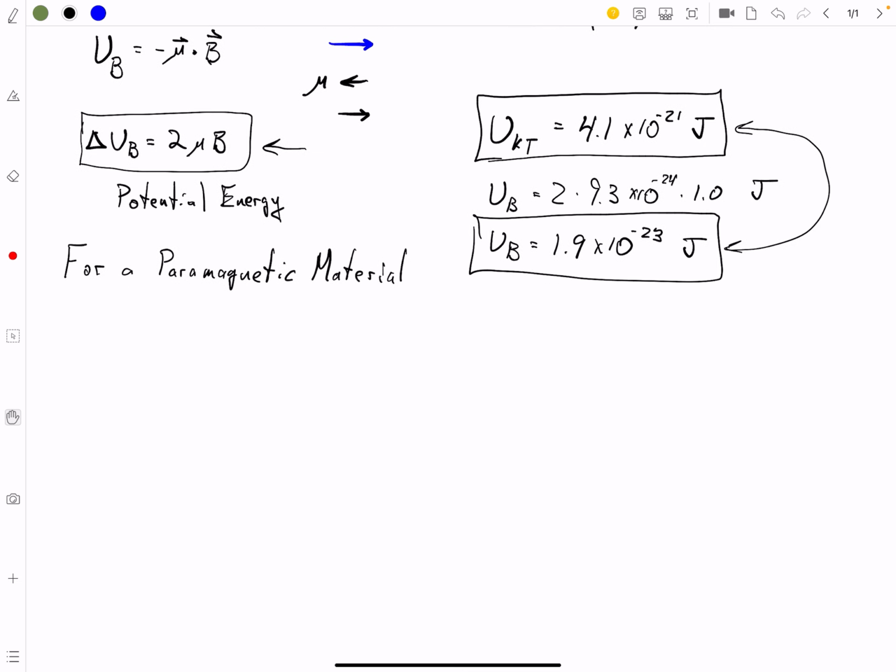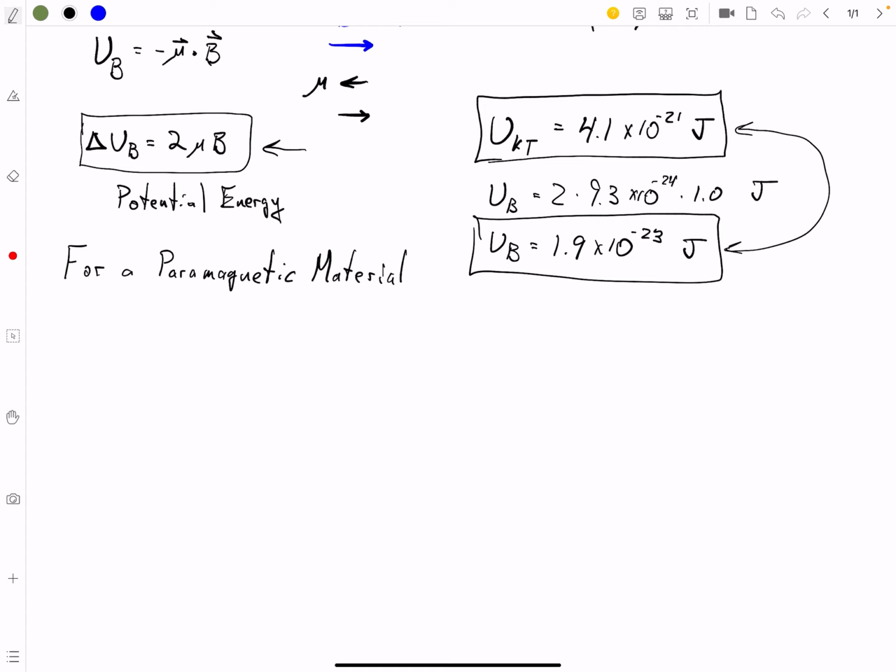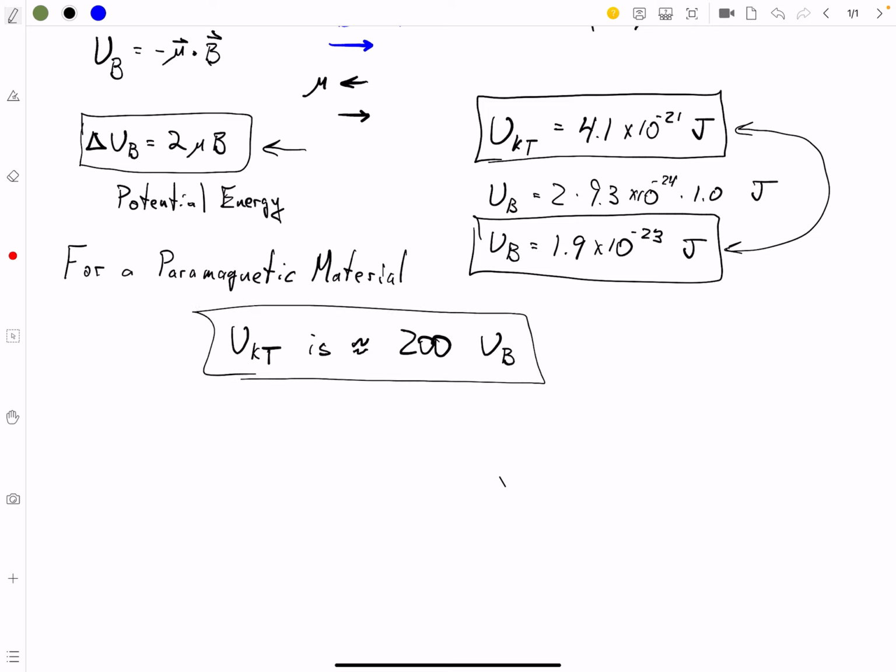So U_KT is roughly, approximately 200 times U_B. So most mu per atom, so we can call them mu_i, most mu_i won't be aligned.